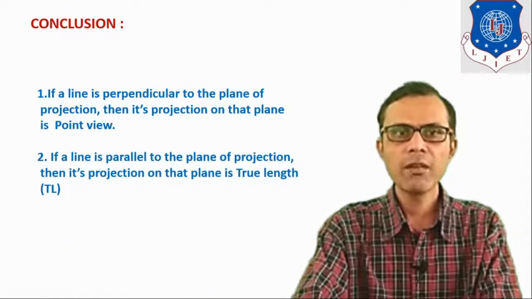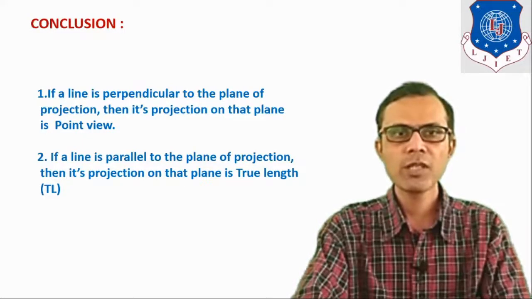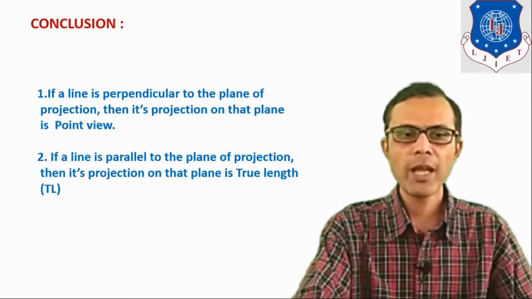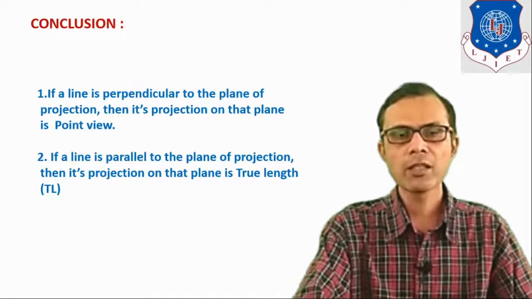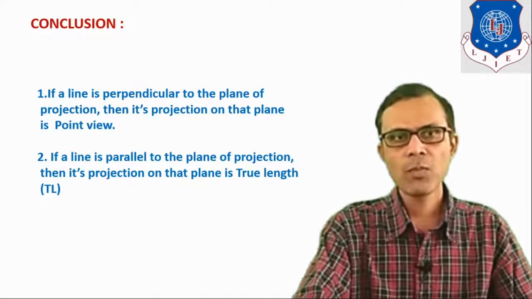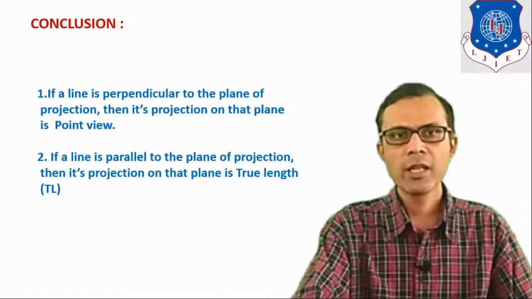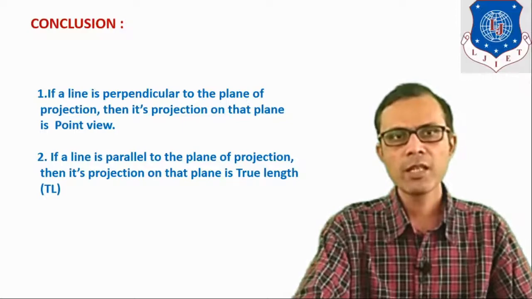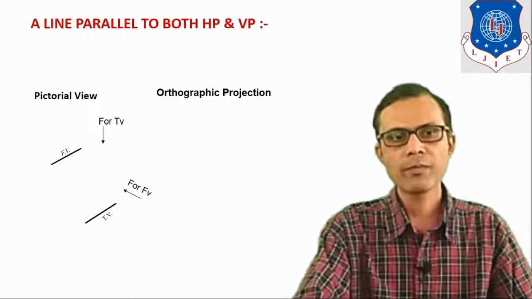If the given line is parallel to the plane of projection, then its projection on that particular plane shows the true length of the given line, and true length in short form is written as TL. So these conclusions you have to understand and remember.